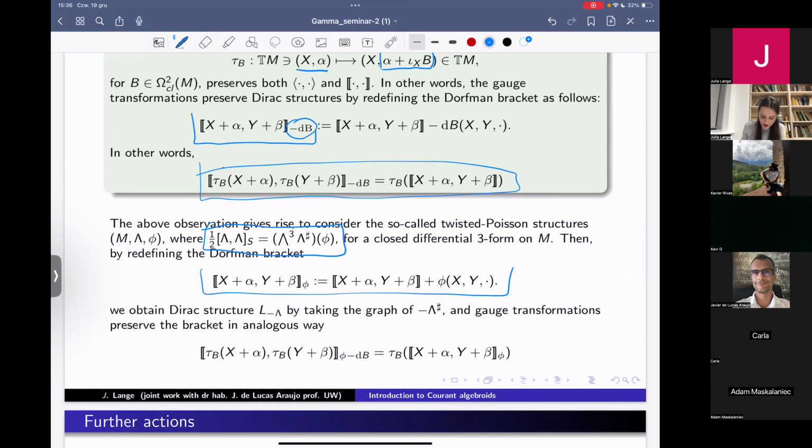Okay, so it would turn out that this newly defined bracket would also be a Courant bracket, and we would have a Dirac structure being the graph of minus lambda in this case, where lambda is now not a Poisson bivector, but we can also obtain a Dirac structure by taking the graph of this minus lambda. Okay.